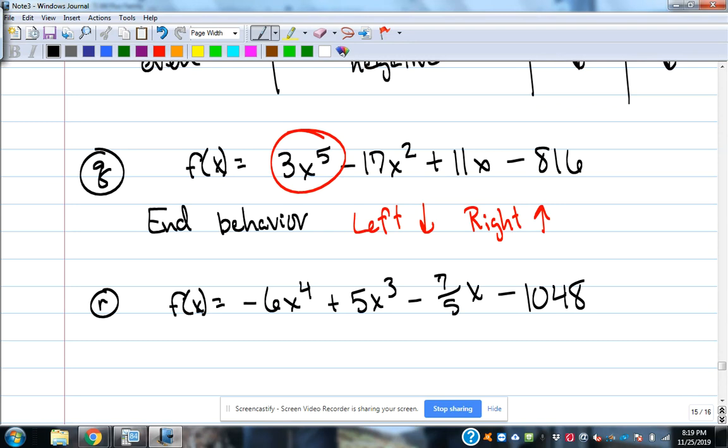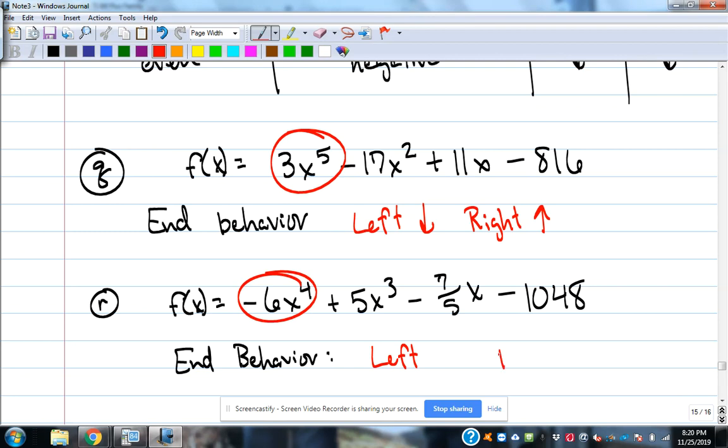That's an ugly polynomial right there. But if we're talking about end behavior, the first term is the only thing that matters. What's the degree? 4, and it's even. The leading coefficient is negative.